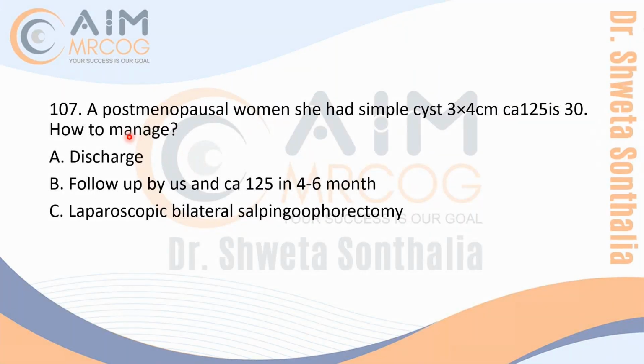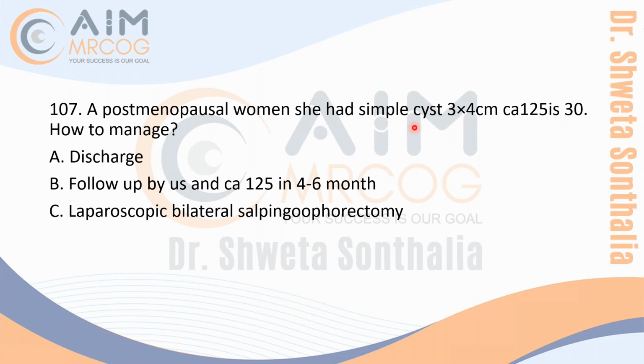Another question: a postmenopausal woman has a simple cyst, 3 into 4 centimeter size, and CA125 is 30. How to manage? This is a postmenopausal woman, so the score will be 3. A simple cyst doesn't get a score, because a multiloculated cyst gets a score. CA125 is 30, so 30 into 3.